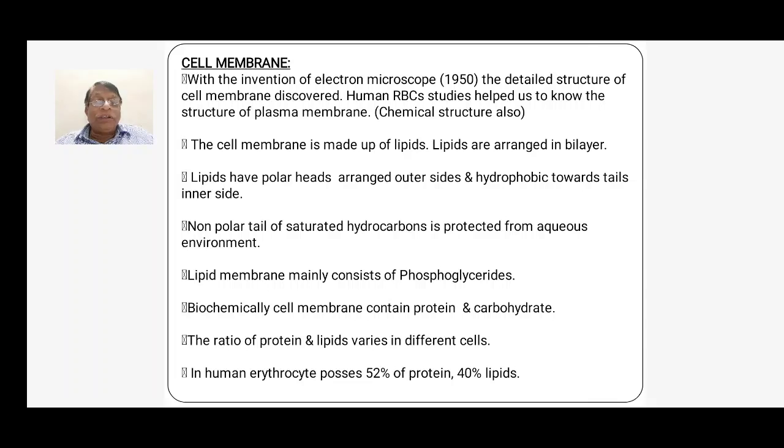How are these lipids arranged in the cell membrane? Now you may refer to the diagram. The lipids are arranged in a bilayer. Bilayer means they are in two layers.